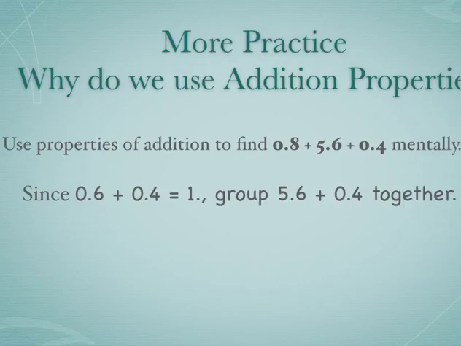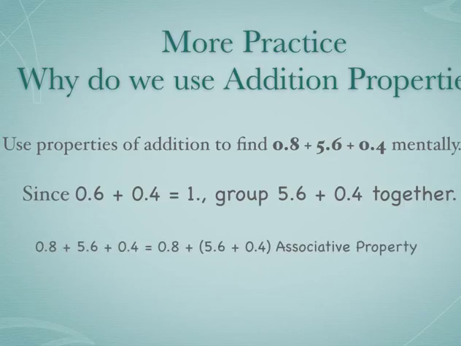Well, since 6/10, when we're looking at 5 6/10, let's just look at the decimal part there. The 6/10 and 4/10, if I added that mentally in my head, I know that that would be one whole. So I'm going to group 5 6/10 and 4/10 together.